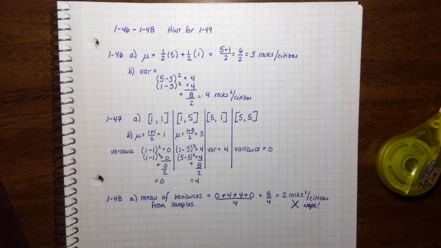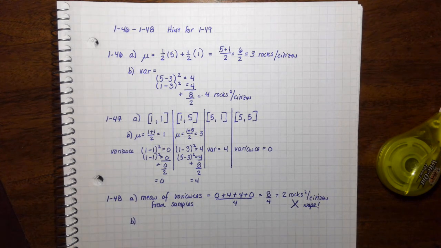It says for B, repeat your 4 variance calculations from part B of problem 47, this time dividing the sum of squared differences by n minus 1, or 1, instead of n, or 2. The adjustment to the denominator makes each resulting value a sample variance.